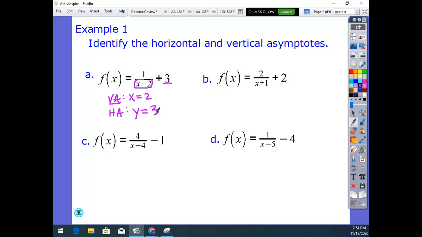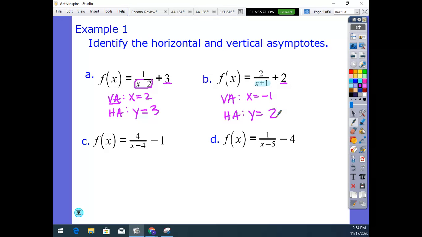Look at letter B. Vertical asymptote, horizontal asymptote. What makes the denominator 0? When x equals -1. The horizontal is y equals the number being added or subtracted.